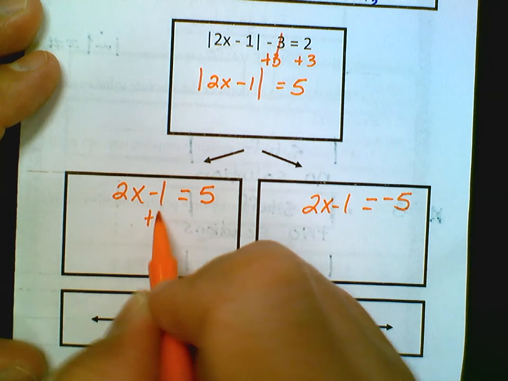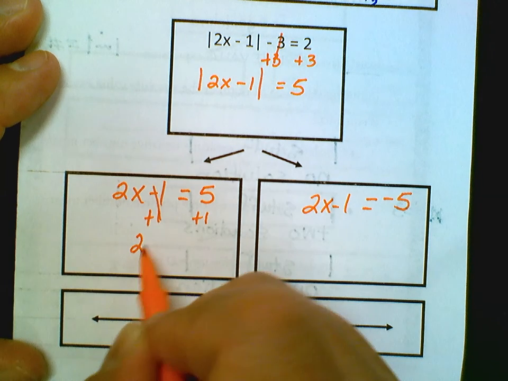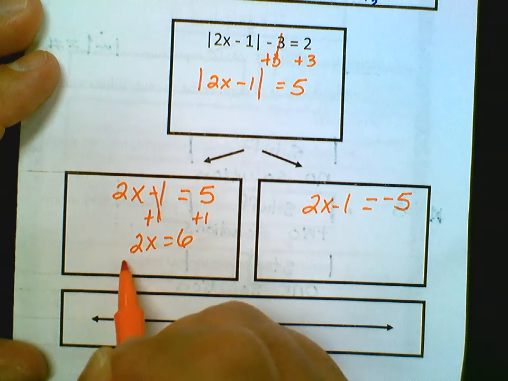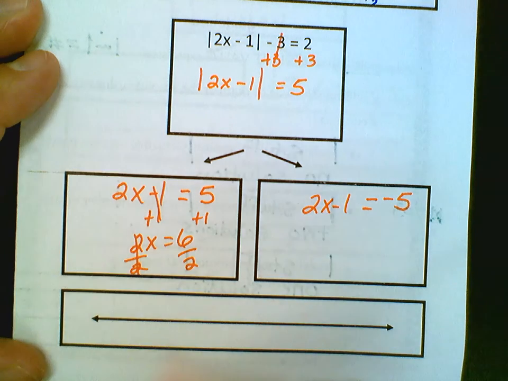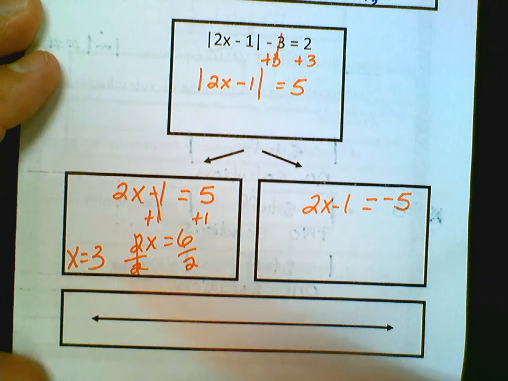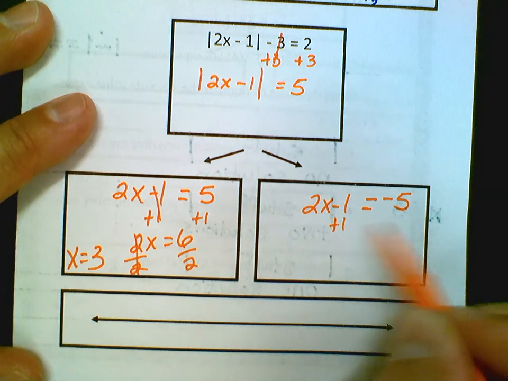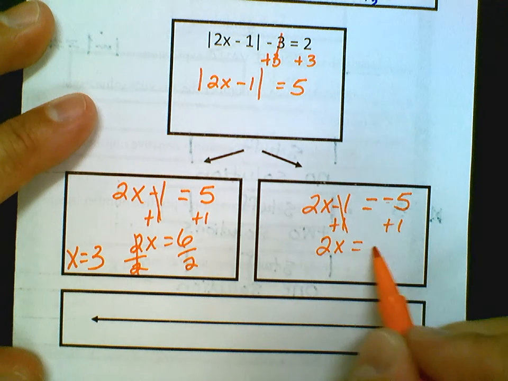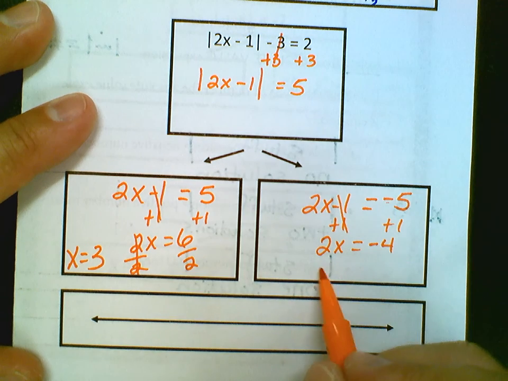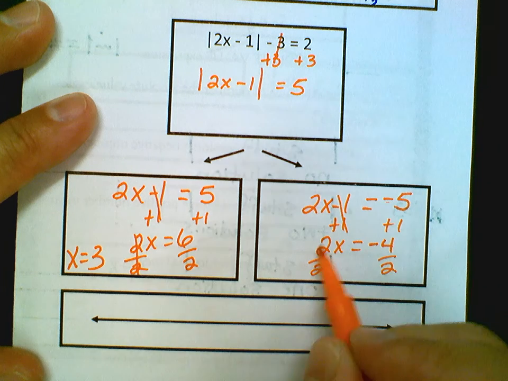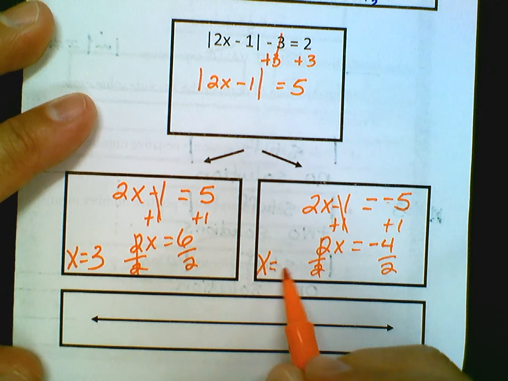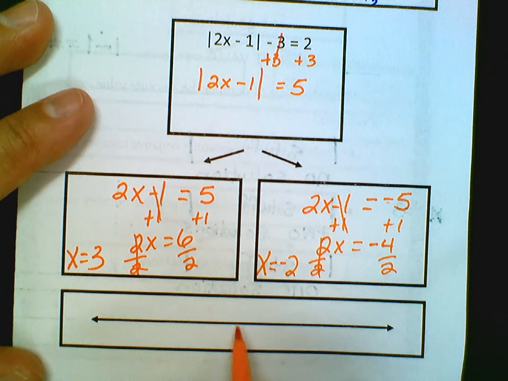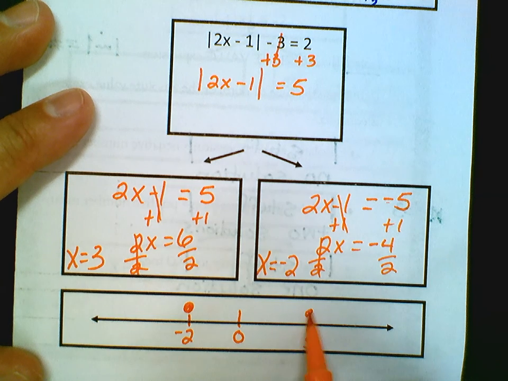I'm going to add the 1 to both sides to get 2x equals 6, and divide by 2 to get x equals 3. And then here, I have -5 plus 1, which is -4, divide by the 2 to get x equals -2. So here's my 0, -2 would be over here, +3 would be over here.